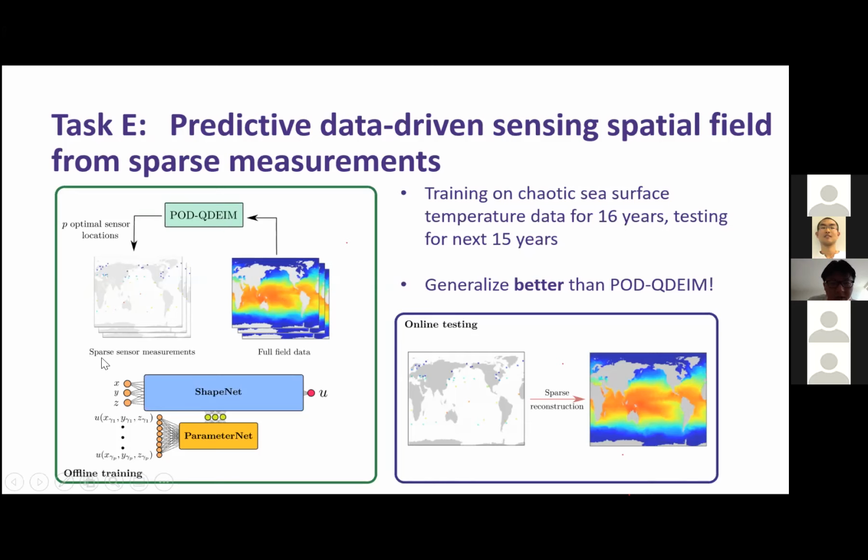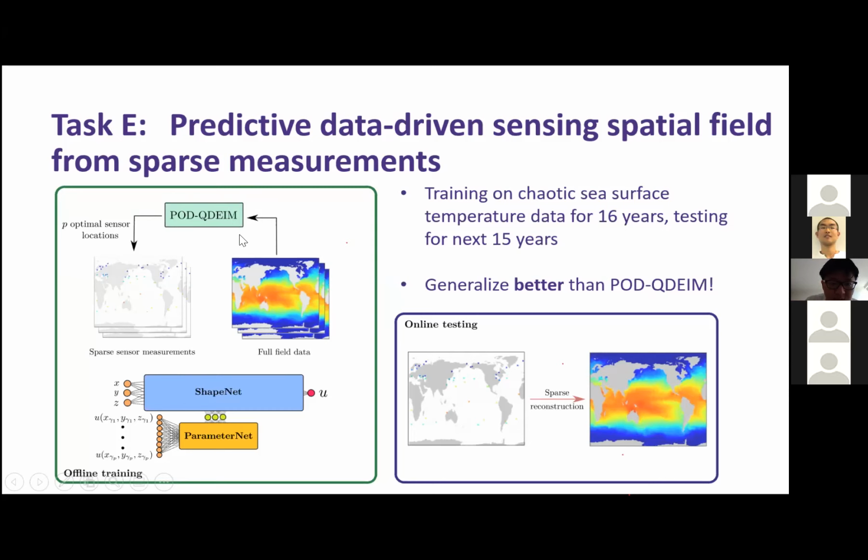The placement of those sensors can be done by using POD-QDEIM. It's a famous technique in the data-driven reduced model community. However, it was later leveraged by Steve Brunton and Nathan Kutz in their group for data-driven sensor placement. They chose a different name, but it's actually the same thing.